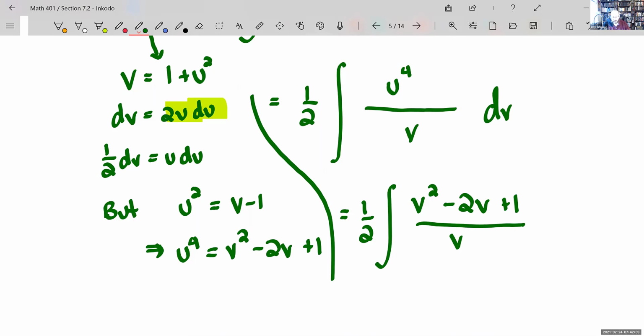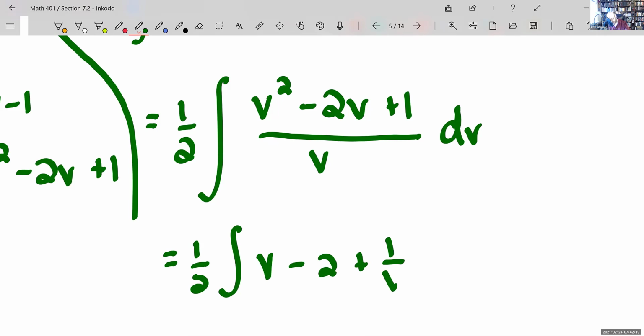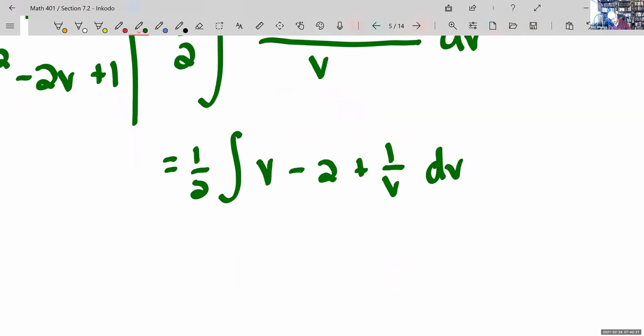And now you can split that apart and integrate this. 1/2 integral v minus 2 plus 1 over v dv. That'll be 1/2 times the antiderivative of v, which is v squared over 2. So I'm going to actually write that as v squared over 4.